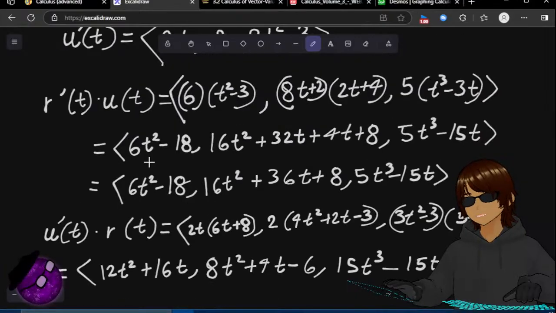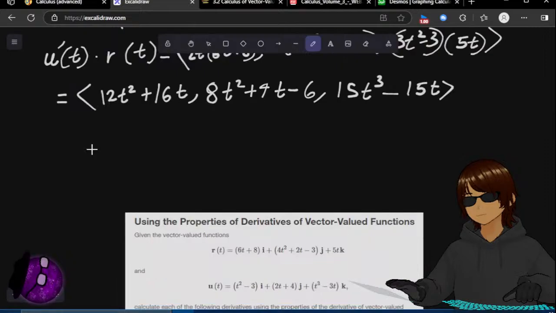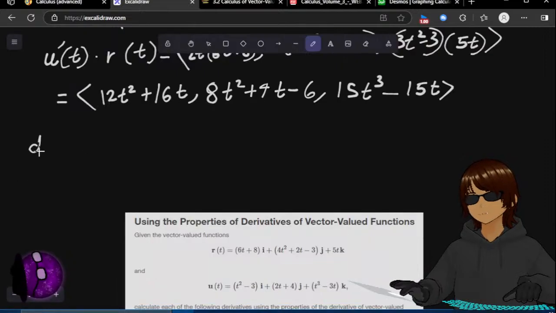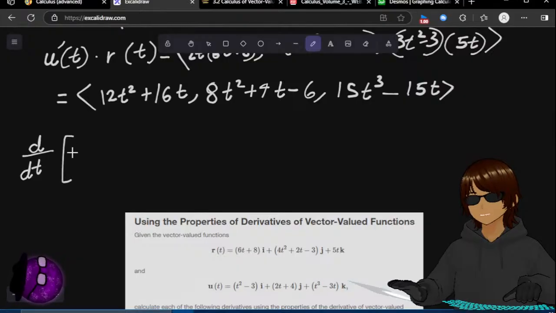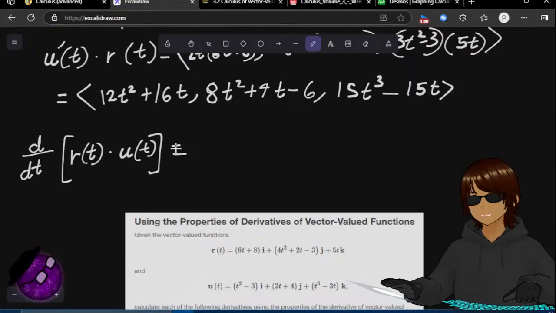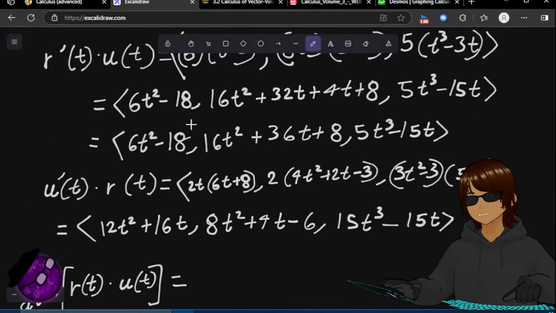And then, okay. So the derivative of the dot product would be the sum of these two, right?